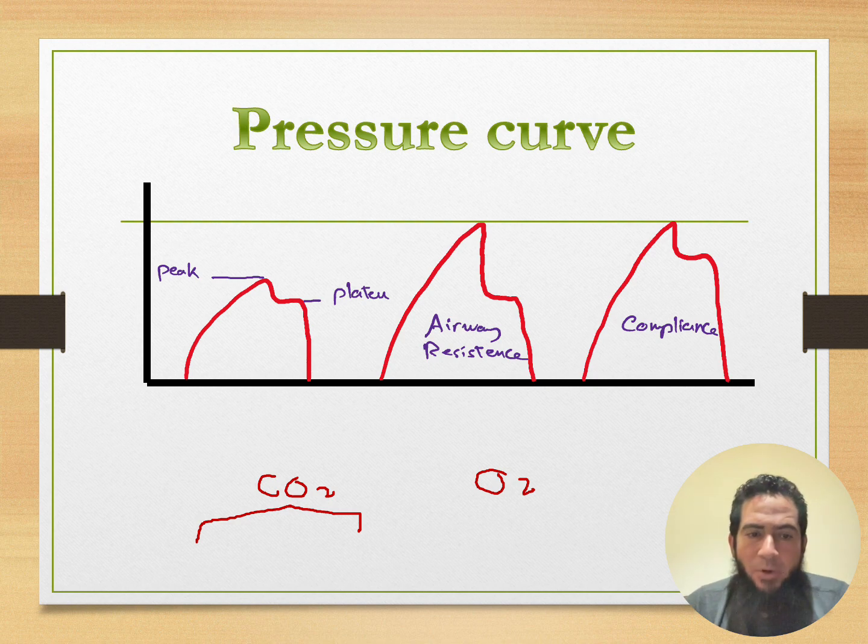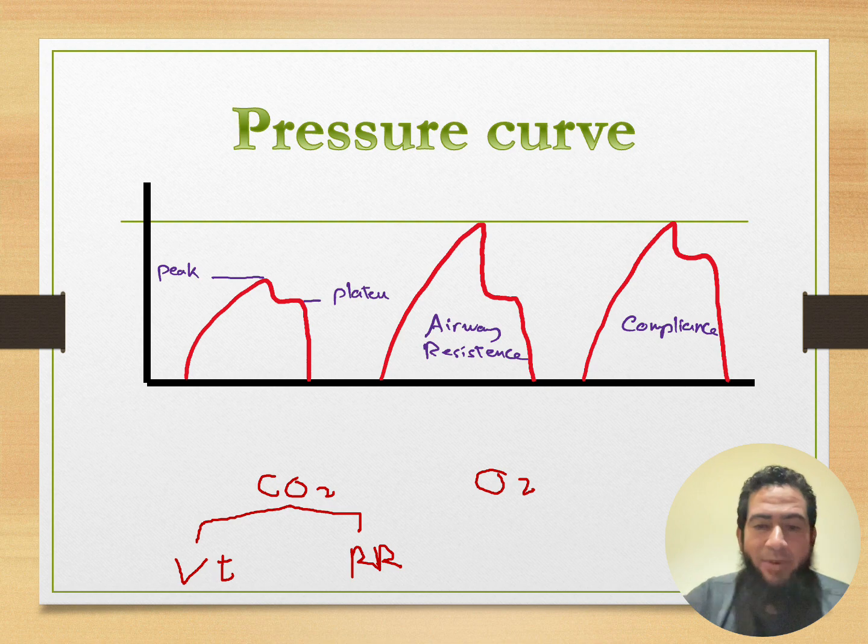The minute volume consists of two factors, the tidal volume and the respiratory rate. These affect the CO2 wash, or the ventilation, and that affects the CO2 level. So the more the minute volume, the less will be the CO2 level.